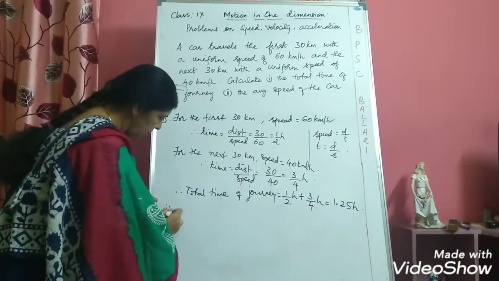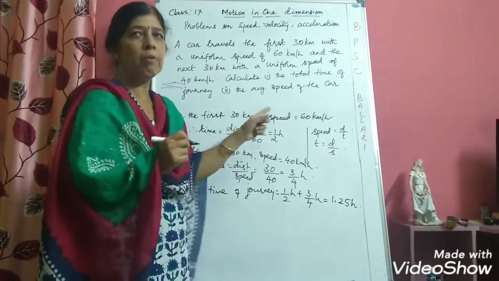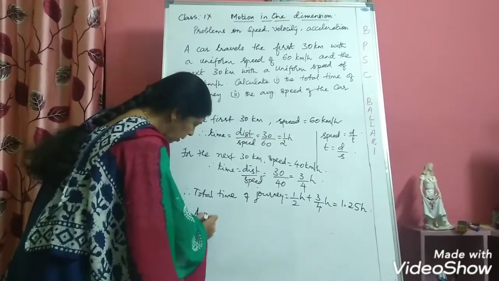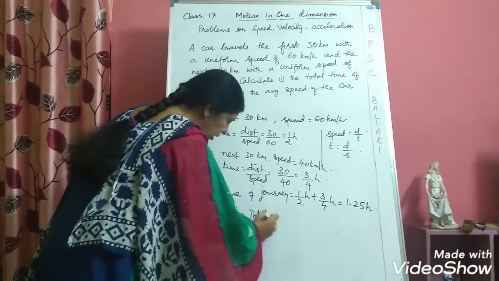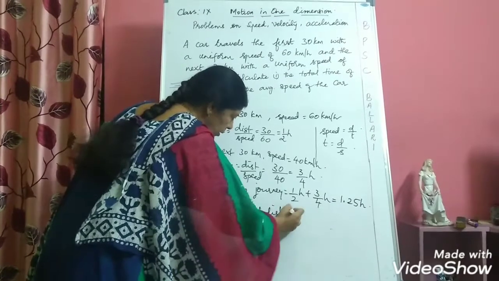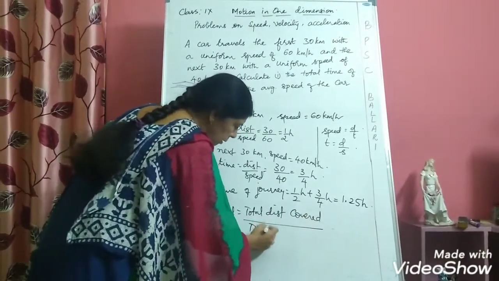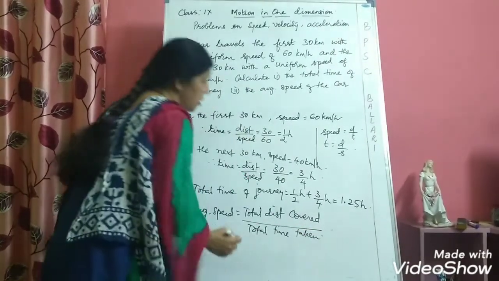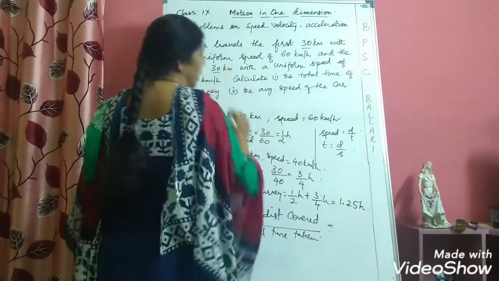Now second question. Already in theory I have told you what is the formula to calculate the average speed of the car. Average speed will be equal to total distance covered by total time taken. What is the total distance covered here? First one is 30, second again 30.